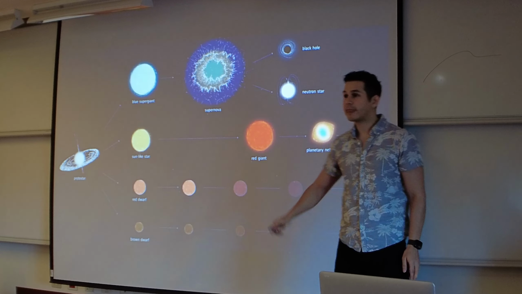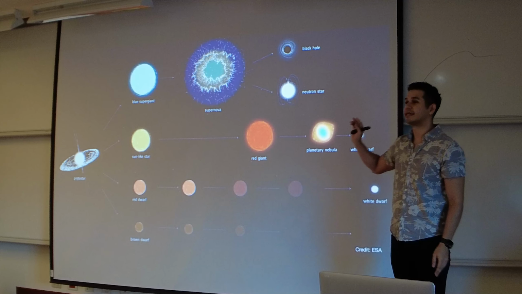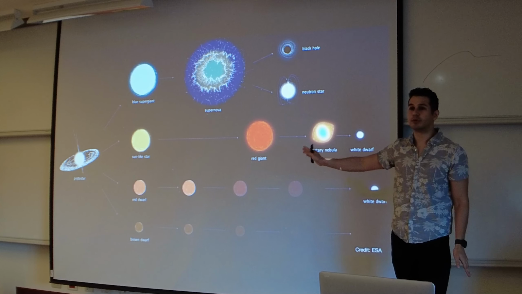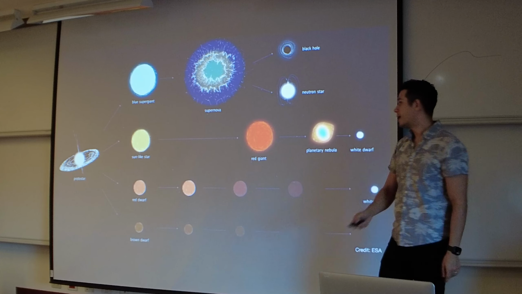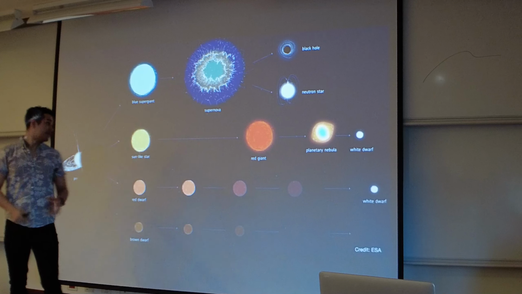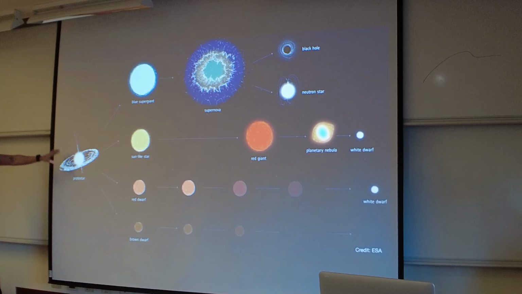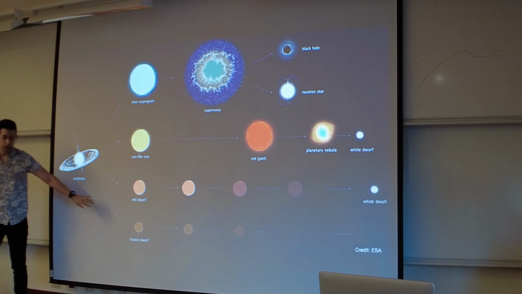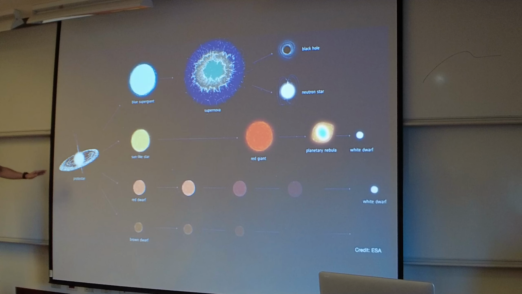So, first thing I should say is that mass is maybe the most important characteristic of stars. Mass is set during the protostellar phase. In less than about 1 million years, the mass of the star will be set. If you do not acquire enough mass to become an actual star, you will become a brown dwarf, and then you're going to contract and cool down for the rest of your life.